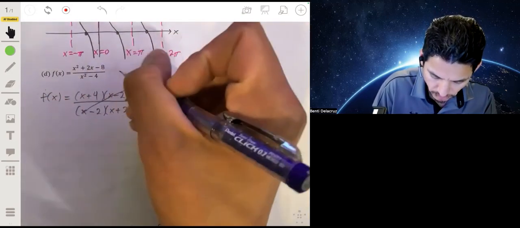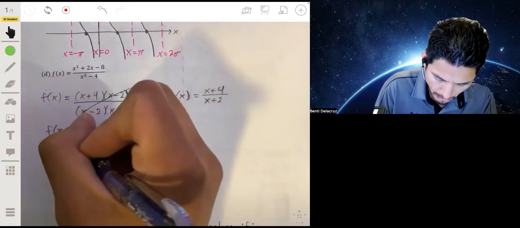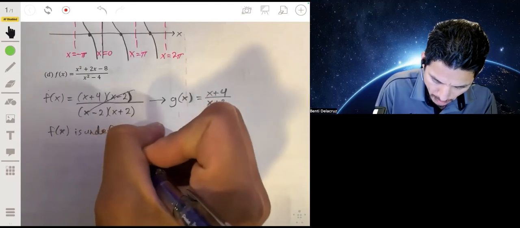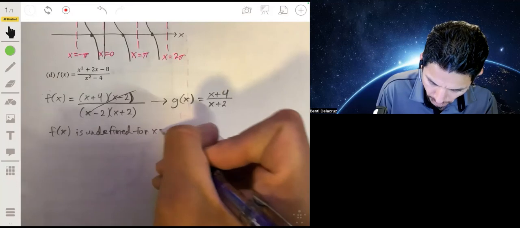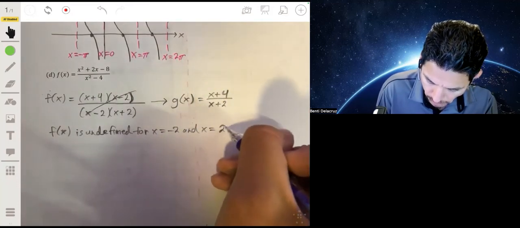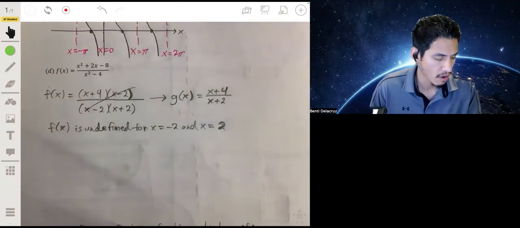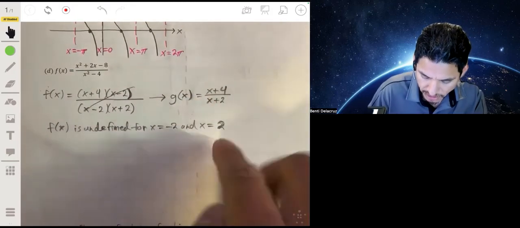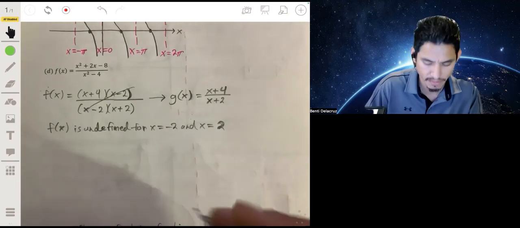So let's write that out. Now, if we were to graph this, we would have asymptotes at these points, but not at both of them. So let's actually graph this.